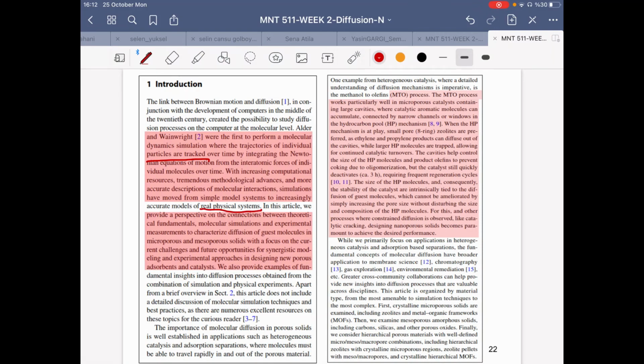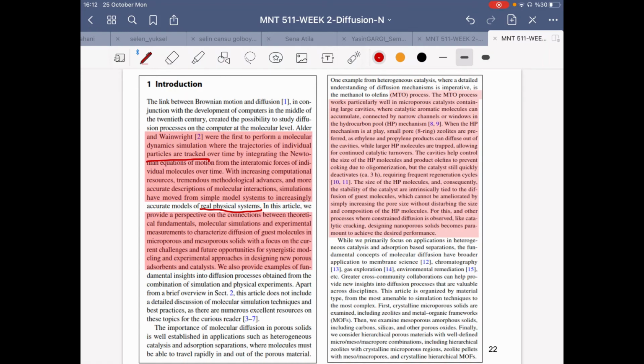I read the whole paper that I highlighted, but what it's trying to do is summarize which model is good for which system, what type of nanoporous material, which model can be used, and they gave an amazing review on what's really happening in these systems. The figures I had shown you about the resistances are taken from this review paper.